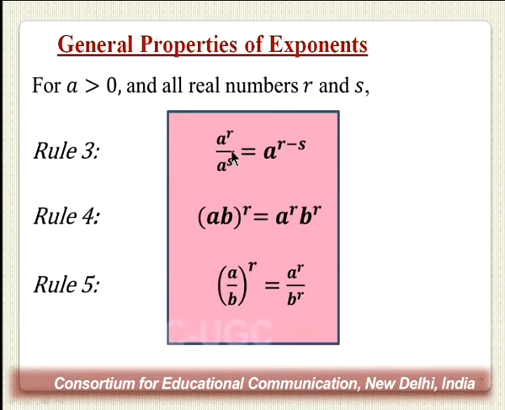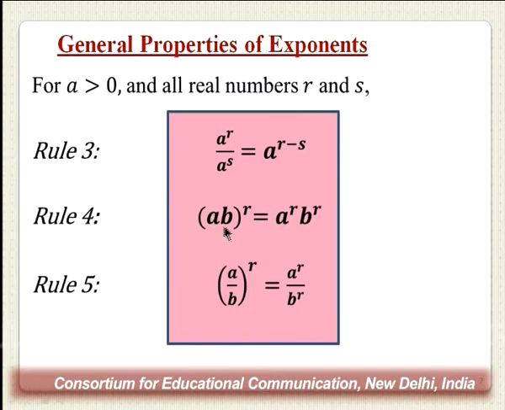The third rule says that A to the power R divided by A to the power S, and in fact these are rules that follow from your regular properties of powers, is equal to A to the power R minus S. And then rule 4, and I'll show you some examples to illustrate these rules so that you are comfortable with them.